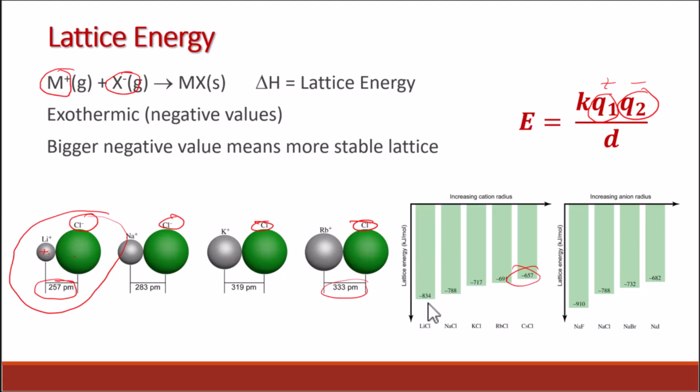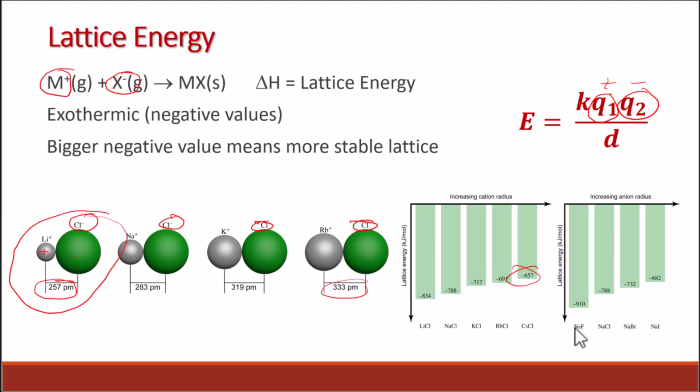Why does lithium chloride have a higher lattice energy? Because the lithium cation is much smaller. You get those positive and negative charges closer together. Just think of magnets. If you get magnets closer together, the attraction is stronger. Same difference with cations and anions.